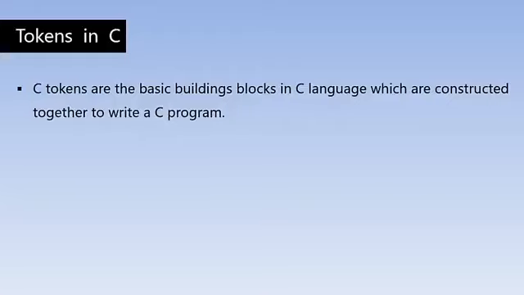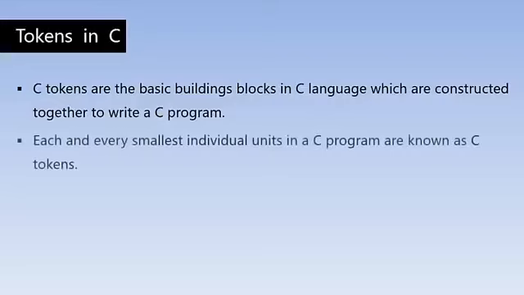That is what C tokens are. C tokens are like the vocabulary for C language. Each and every smallest individual unit in a C program is known as a C token. The smallest individual unit in a program is called a token.